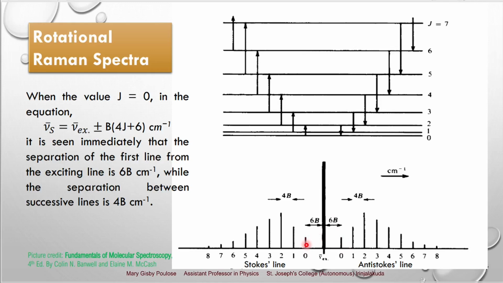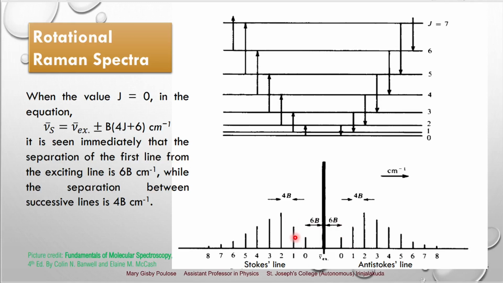Now let us give the value j equals 1. For that we get nu bar of S is equal to nu bar of the exciting radiation plus or minus B into 4 plus 6, that is 10B. So we get the next line at the plus 10B position here and the minus 10B position here.